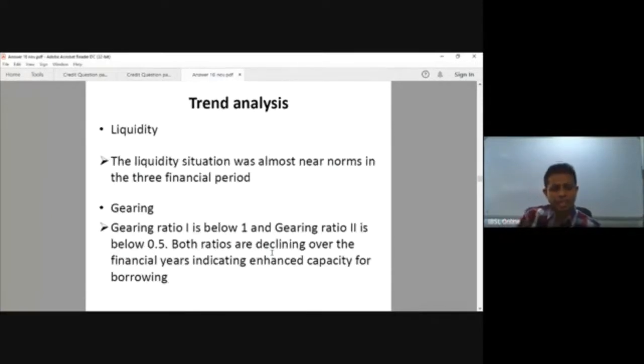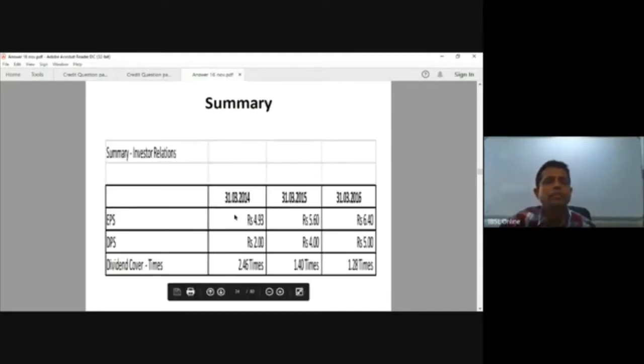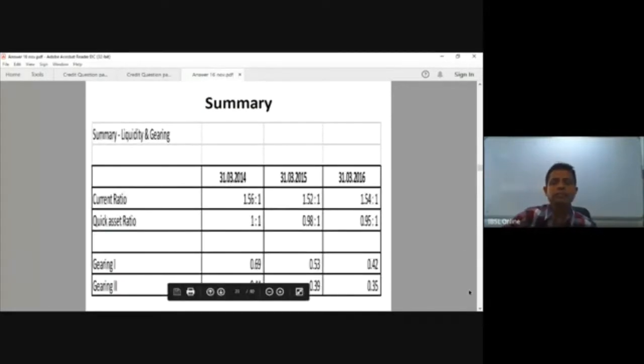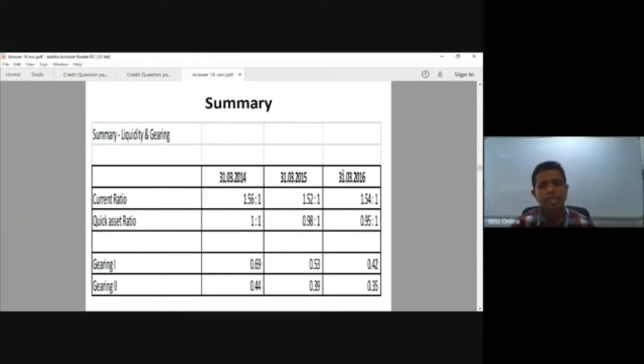Then gearing ratio 1 is below 1, and gearing ratio 2 is below 0.5. Both ratios are declining over the financial years, indicating enhanced capacity for borrowing. Now, if you go to liquidity gearing here, gearing ratio 1 less than 1: 0.69, 0.53, and 0.2, in a decreasing trend. Similarly, gearing ratio 2 less than 0.5: 0.44, 0.39, and 0.35, that's also decreasing.